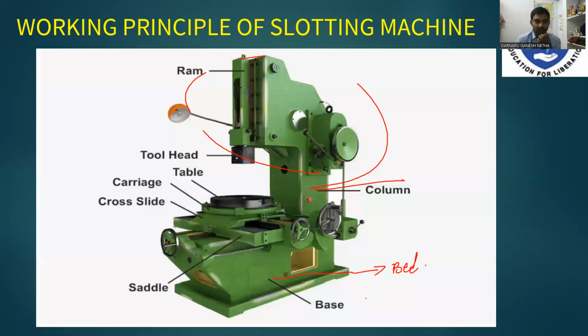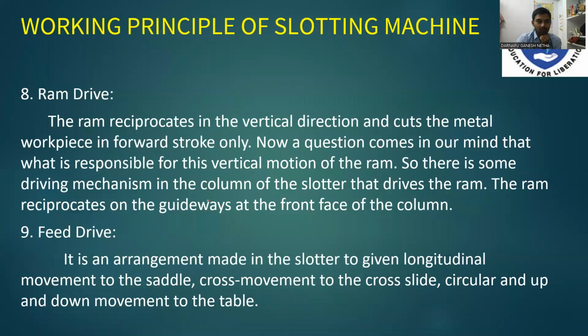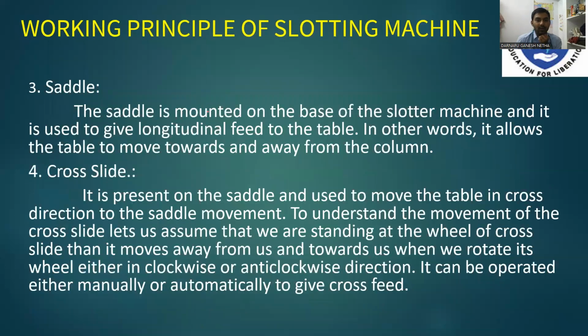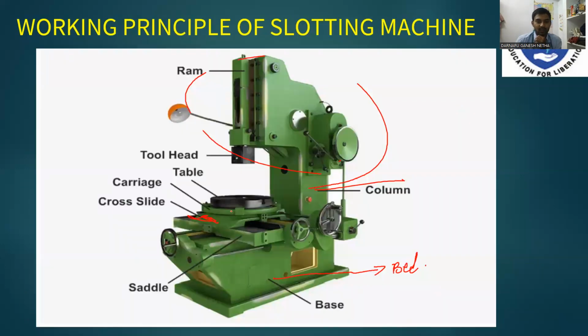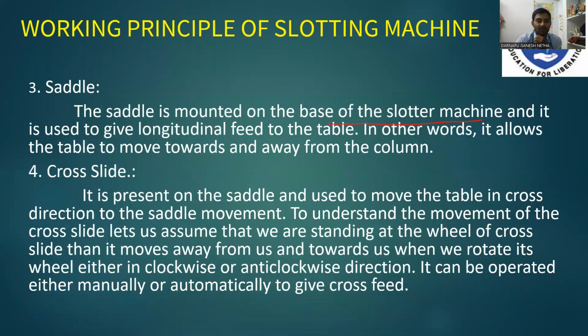Saddle. This is a saddle. The saddle is mounted on the cross plate, and it is used to give longitudinal feed to the table.